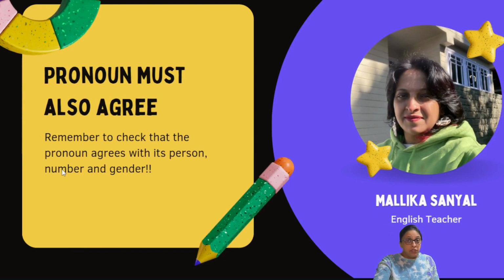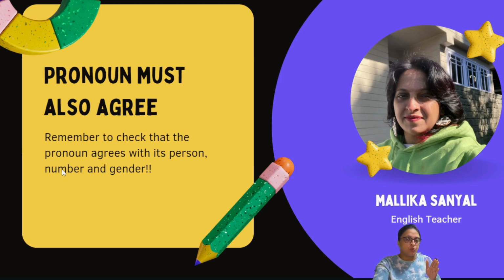Okay, another very important thing is that we had been discussing the verbs agreeing with the subject, but we must also remember that the pronouns must also agree with the subject. So remember to check that the pronoun agrees with the person, number, and gender. So gender is also important. If you're talking about a he, then we can't use a pronoun later on where I'm talking about her.